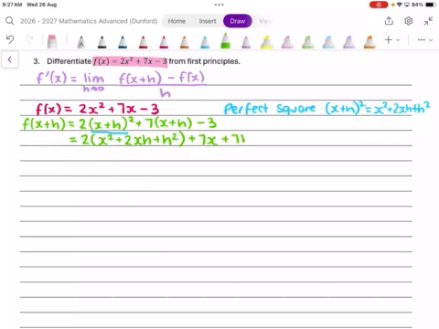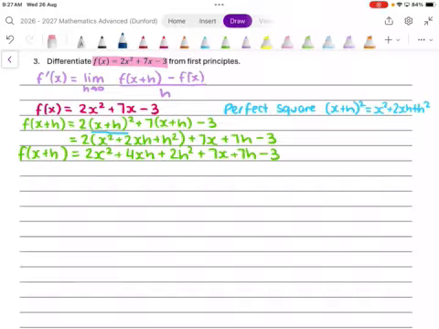So 7x plus 7h minus our 3. And so what we'll get is that f of x plus h is equal to 2x squared plus 4xh plus 2h squared plus 7x plus 7h minus 3.